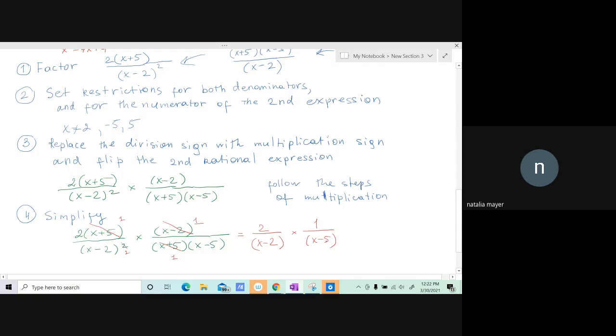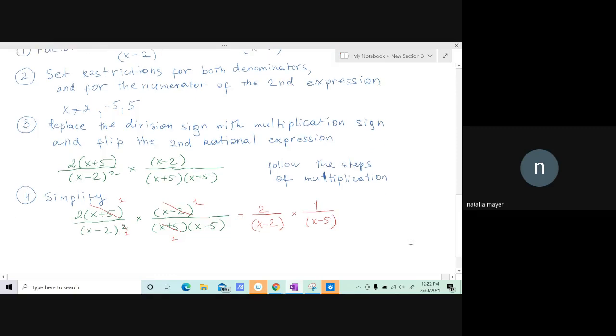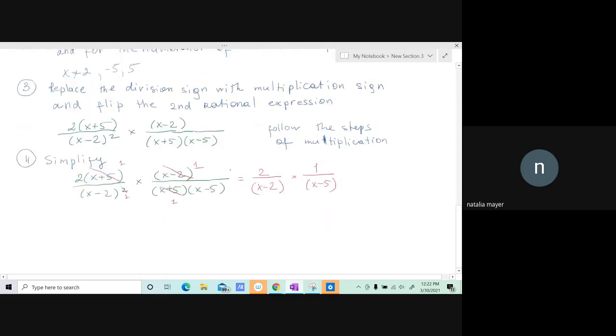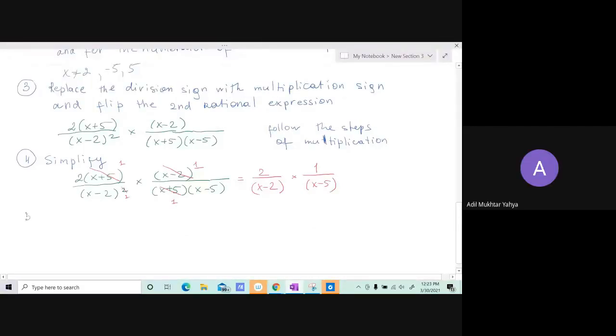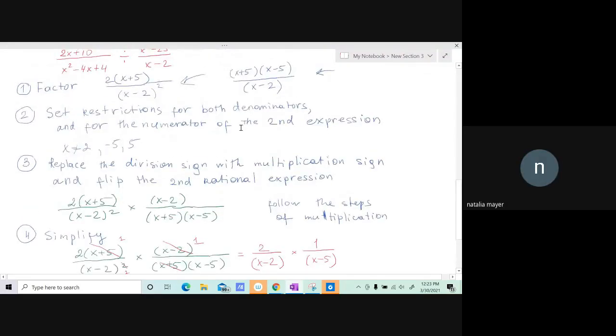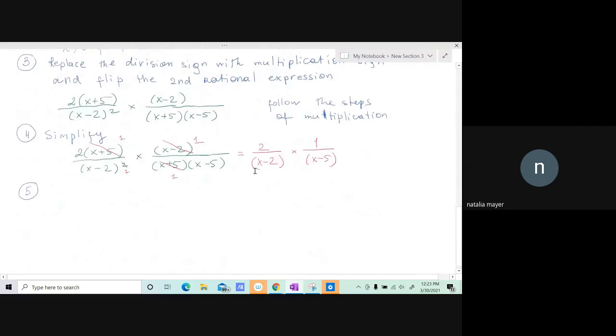All right. So after we have simplified, finally, what can we do? What's the next step? After we have simplified the expressions, what can we do finally? Restriction, I think. Really? And what did we do at the second step? Look, number 5. Multiply.